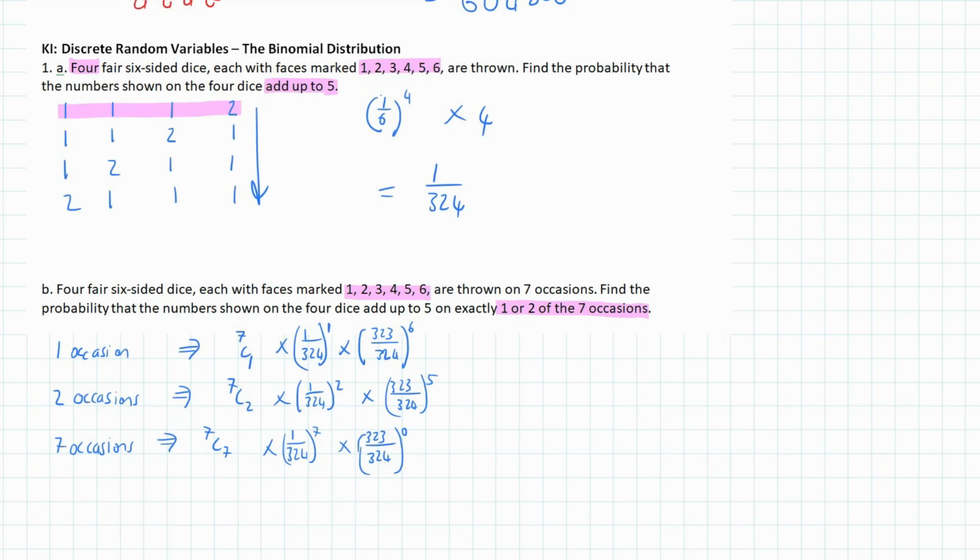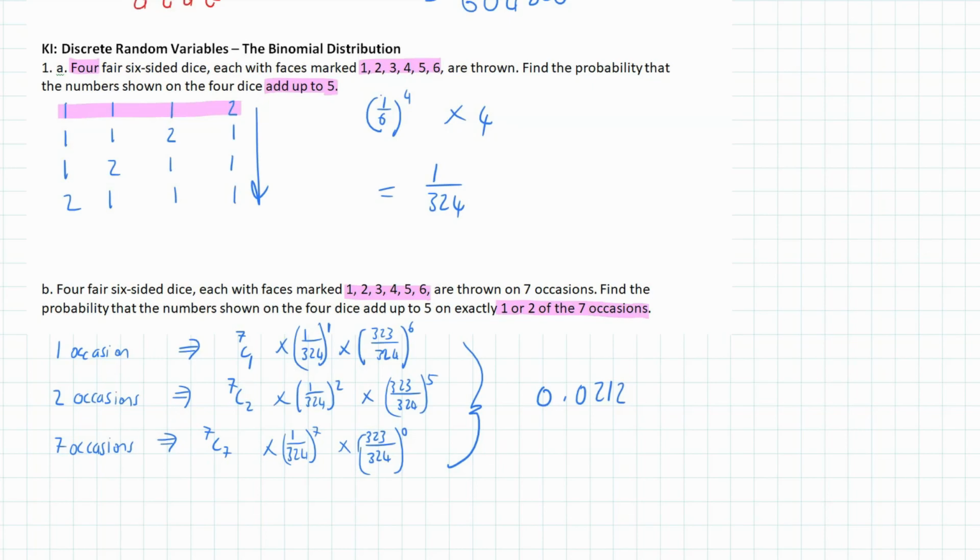And then the last one is 1 over 324 to the power of 7. Now, I'm getting as my answer, so I sum all of these, I'm getting 0.021, I think it's 212 or something. Hopefully I've done that correctly. I may have made a slight error, I don't know. I didn't write the answer down properly for this one. Let me know if I have. But I think that's the general gist of what we need to be doing here. I hope it makes sense. Let me know if you have any questions though.